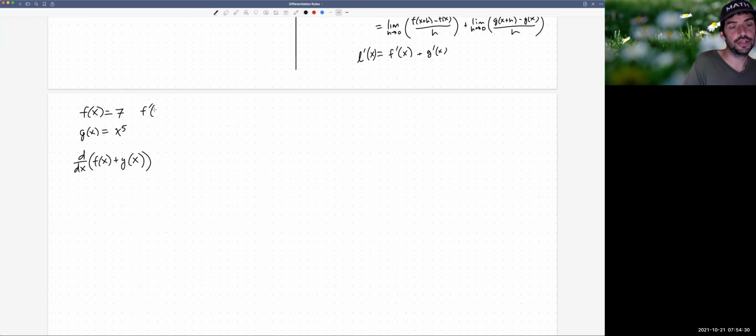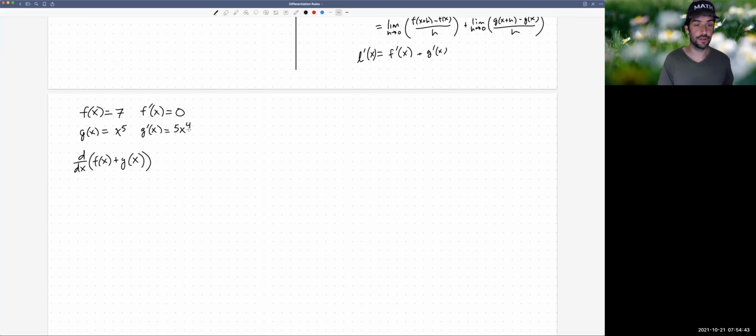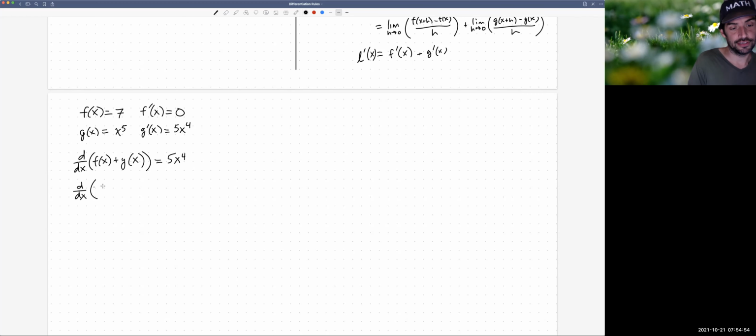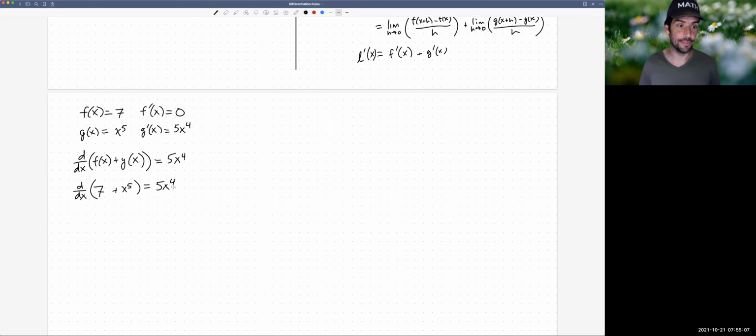We know from the constant rule that we developed first that the derivative of a constant is 0. And we can use our power rule for x to the 5th. We get 5 coming down, x to the 4th. And we know that this derivative is just adding those together. So we get 0 plus 5x to the 4th. In other words, d dx of 7 plus x to the 5th is equal to 5x to the 4th.